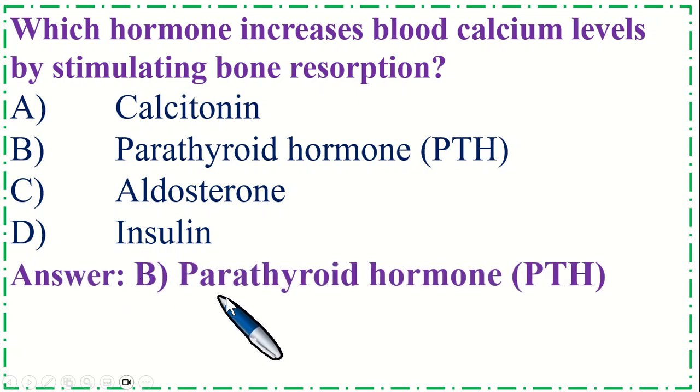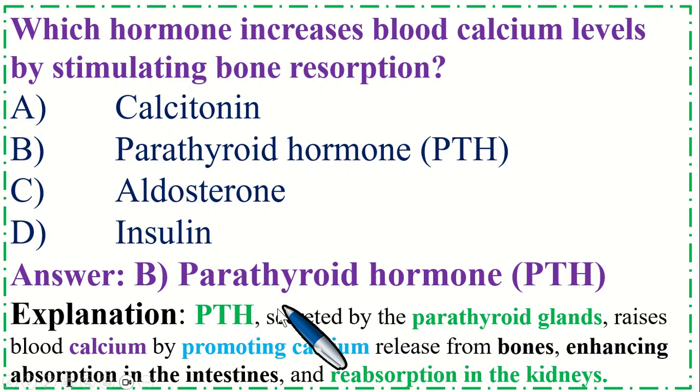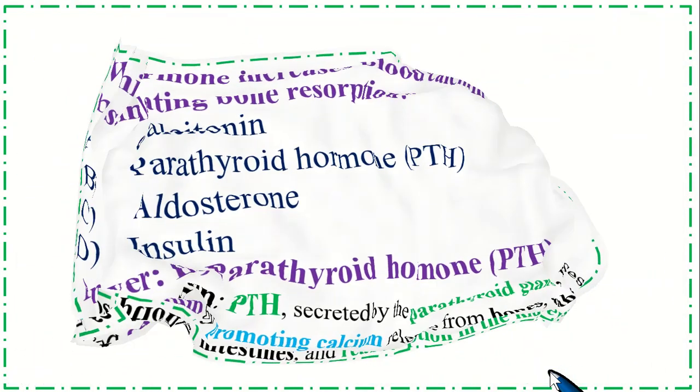So the correct option is B, parathyroid hormone. The parathyroid hormone secreted by the parathyroid glands raises blood calcium by promoting calcium release from bones, enhancing absorption in the intestines and reabsorption in the kidneys.